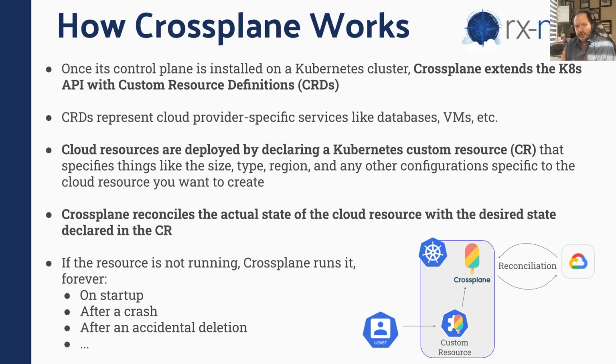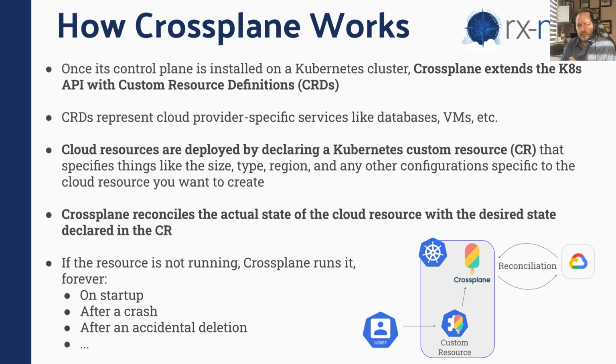And then of course the core of Crossplane reconciles the actual state of the cloud resource with the desired state that you've declared in that custom resource. And so if that custom resource isn't running, Crossplane will run it. If that cloud resource crashes, Crossplane runs it again, right?